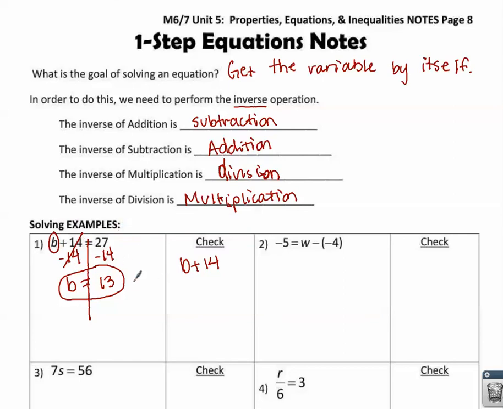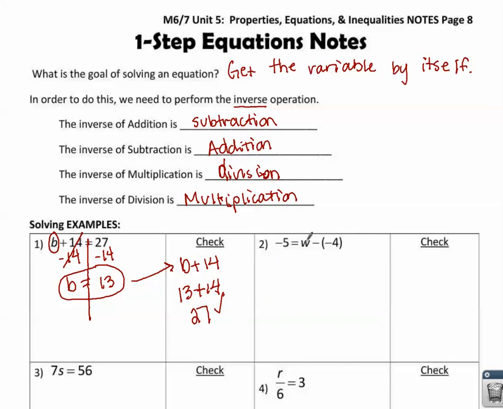You want to plug in your answer for the variable. So 13 plus 14, you have to add it. You get 27. Does that equal the other side of the equation? Yes, it does. So you know you did this right. It's a balance.